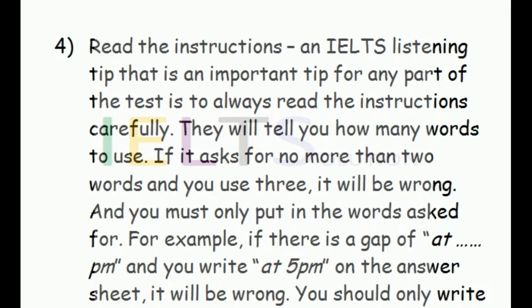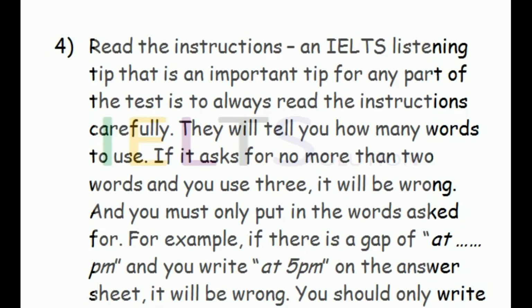Number 4. One of the most important: read the instructions. An important IELTS listening tip for any part of the test is to always read the instructions carefully. They will tell you how many words to use. If it asks for no more than 2 words and you use 3, it will be wrong.